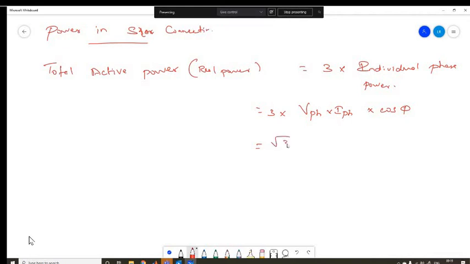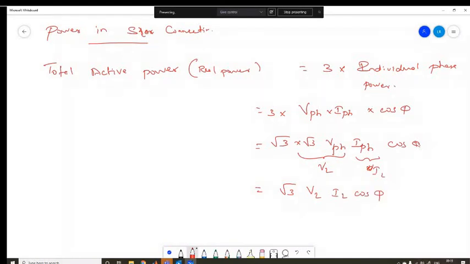Now you can write this as root 3 VPH IPH cos phi. So we know that this is nothing but VL, and this can be written as IL. The same relation can also be written in terms of line quantities as follows: root 3 VL IL cos phi.